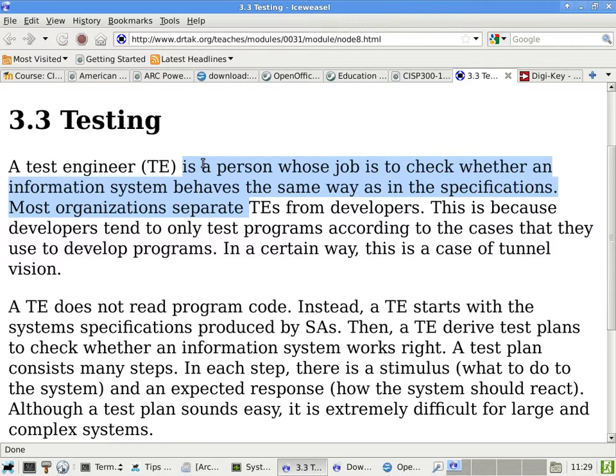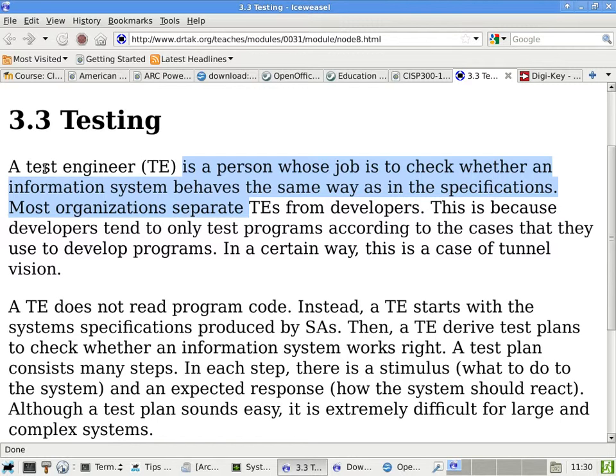So that's why when you test the program, you don't rely on the same people who actually wrote the program. You rely on a separate group of people called test engineers to test a system. Okay? So what a test engineer would do is go back to the blueprint. Okay? And they will say, okay, this is the expected behavior of the program, and I will test the expected behavior using that documentation.